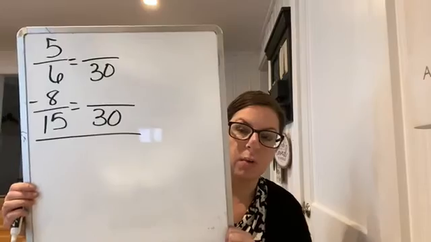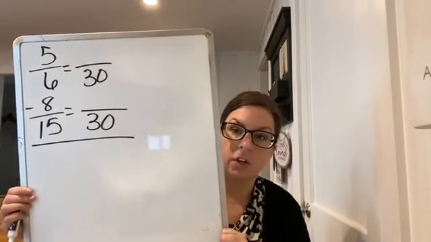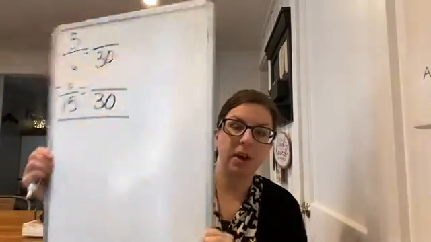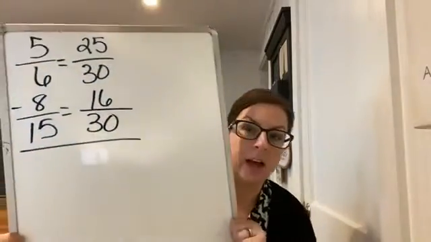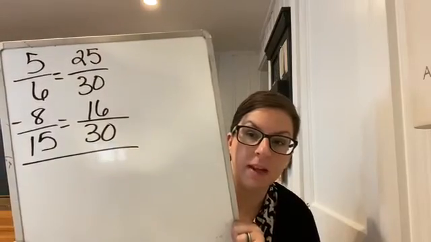So 6 times what equals 30? 6 times 5. So we have to do the same thing to the top. 5 times 5 is 25. 15 times what equals 30? 2. So 8 times 2 is 16. So now we need to subtract 25 30ths minus 16 30ths, which comes out to 9 30ths.